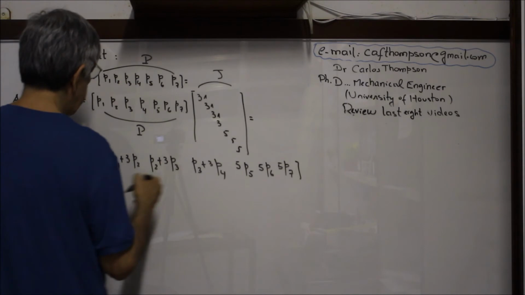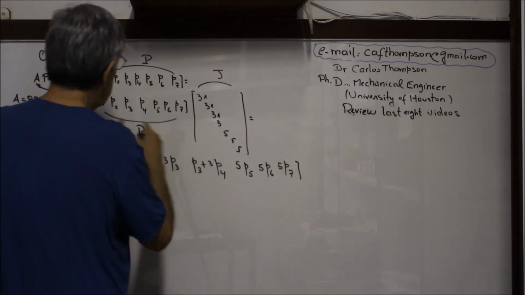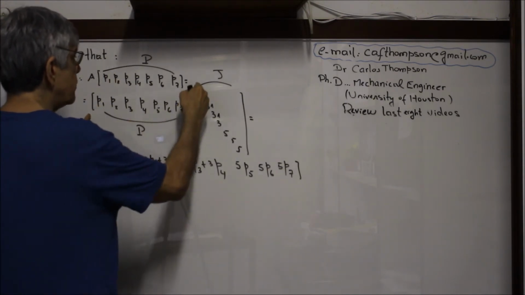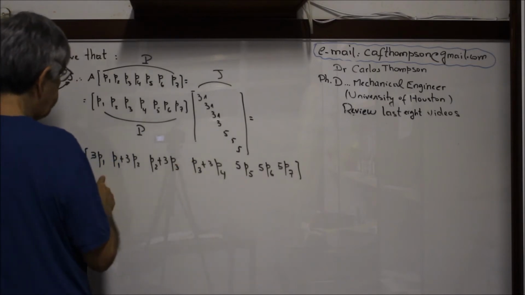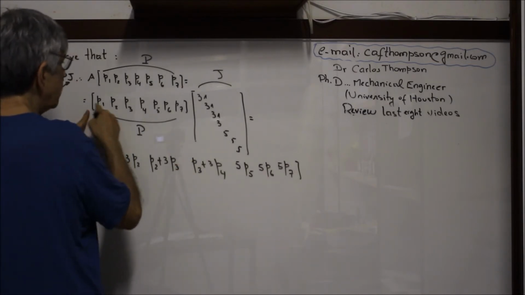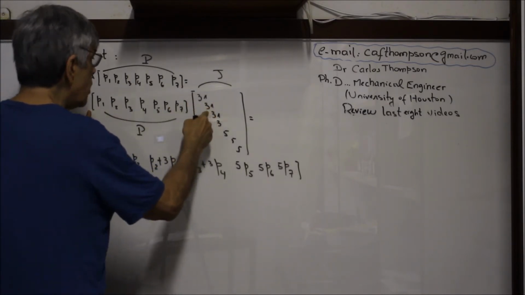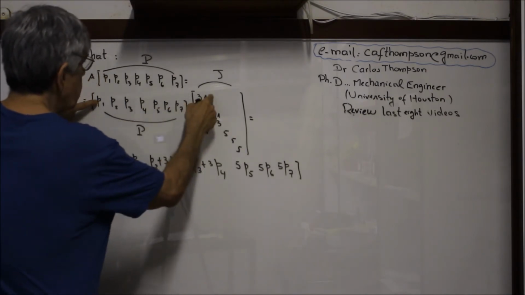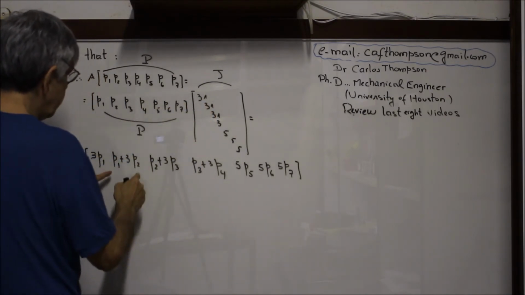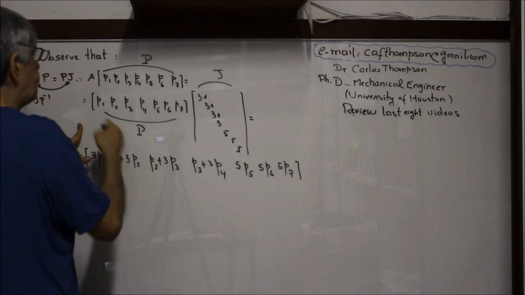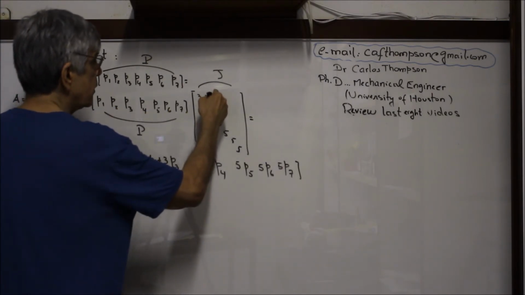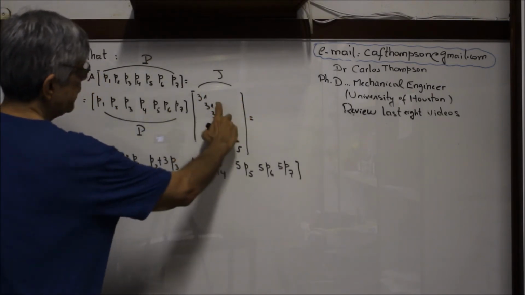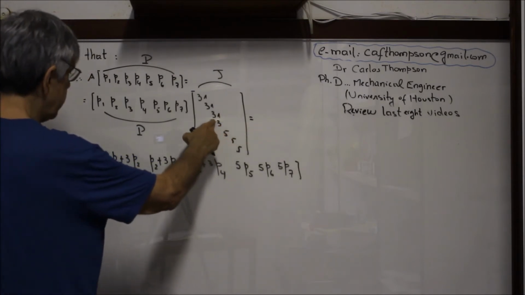This is 0 here. So let's put here, this row times this column is 3P1. Now this row times the second column, look, this will be P1 plus 3P2. Now this row times the third column, this is P2 plus 3P3.